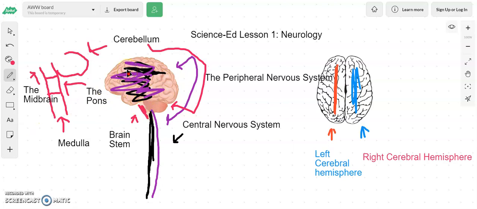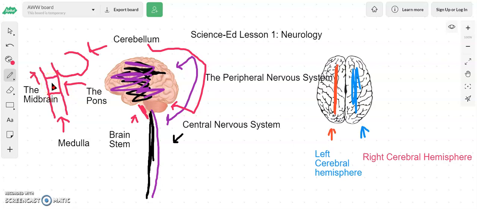So first, let's talk about the midbrain, right here. The midbrain is responsible for motor movement, particularly movements in the eye, and in auditory and visual processing, meaning that the midbrain controls eye movement and hearing. The pons right here has a really important role.